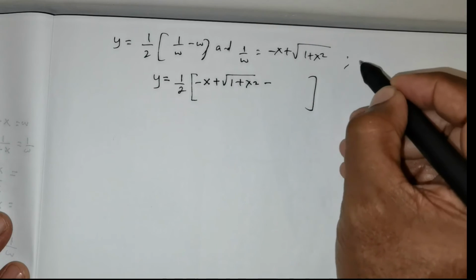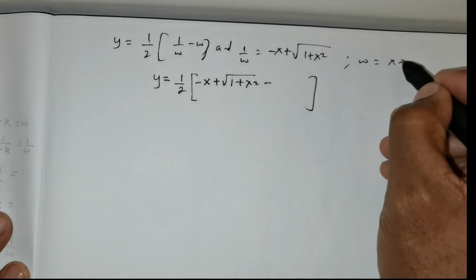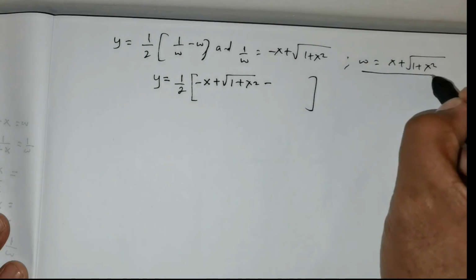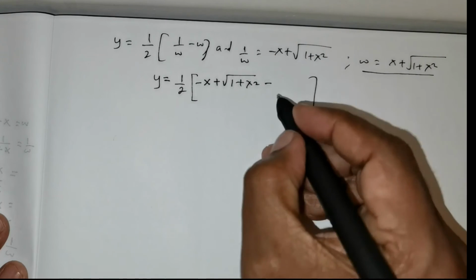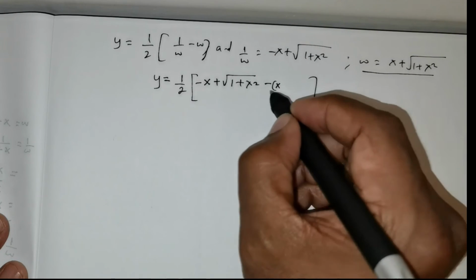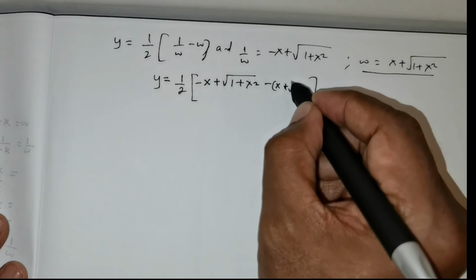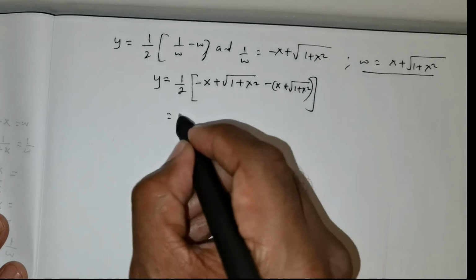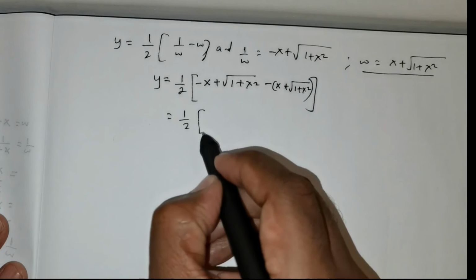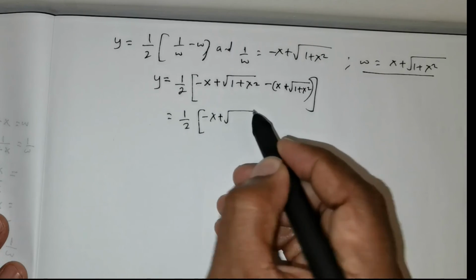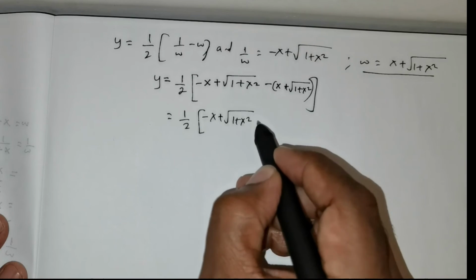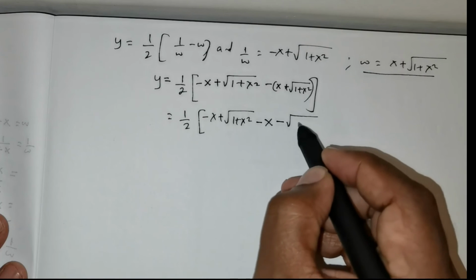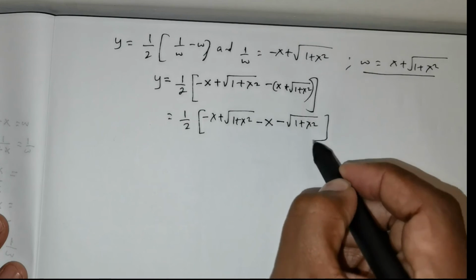We know that the value for w is x + √(1 + x²), because this is what we assumed. So we substitute that. I can rewrite this as 1/2 of (−x + √(1 + x²) − x − √(1 + x²)).